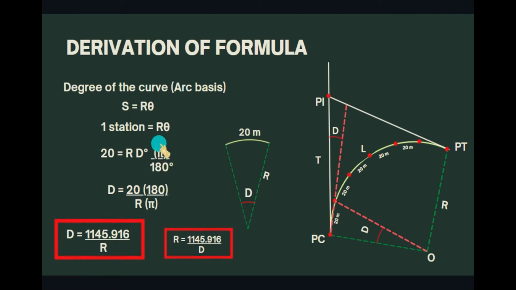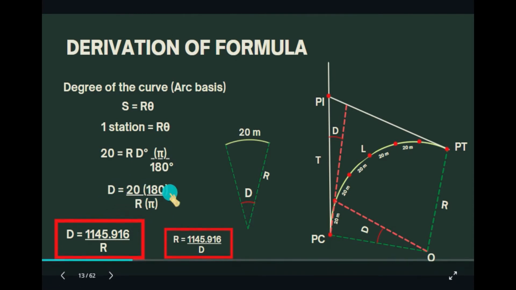We can cancel out the degrees and we are left with radians. Simplifying the equation, we get D = 1145.916 over R. To get the radius, we can just cross multiply.